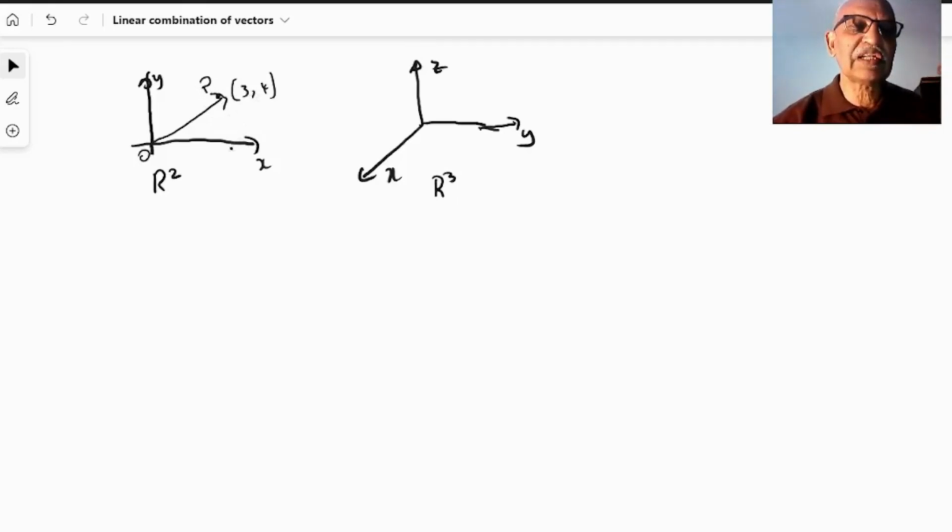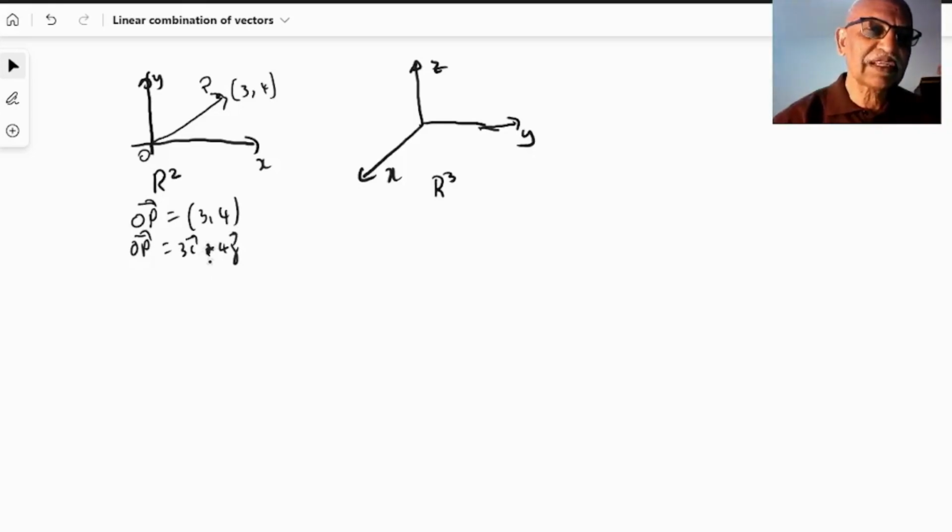In two-dimensional, we have the basis unit vectors called i, j. So OP can be written as vector 3, 4, or OP can be written as 3i plus 4j. i and j are bases for vectors.